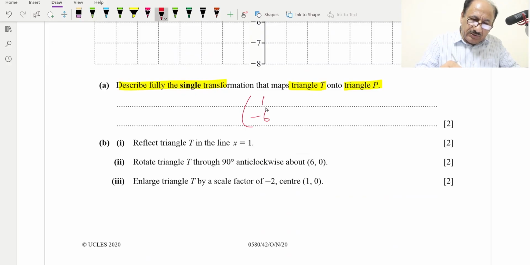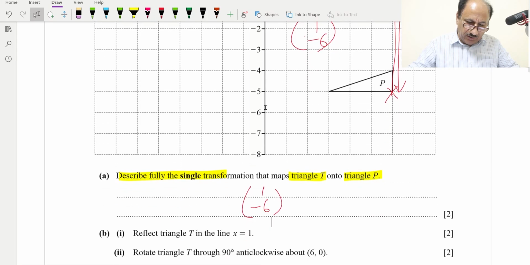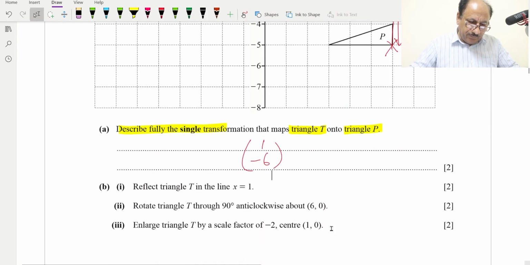It means the x value is 1, 1 unit right, and -6 means 6 units down. So this is basically the transformation which we have done. And the second part is reflection of triangle T in the line x equals 1.